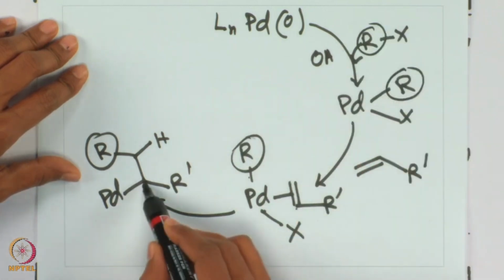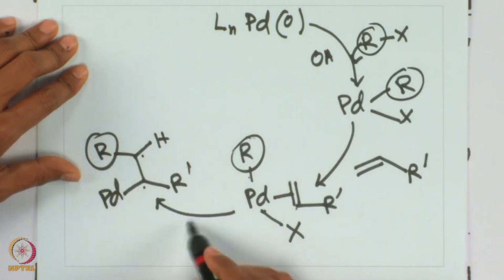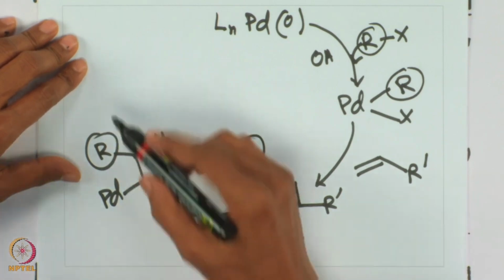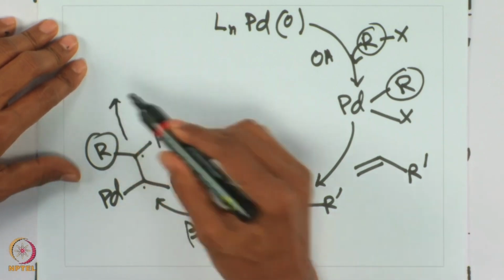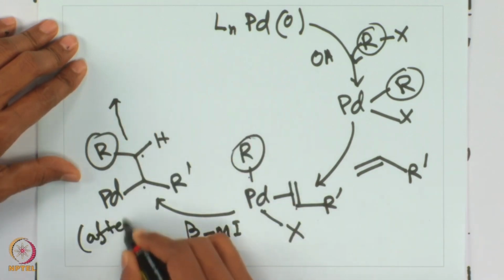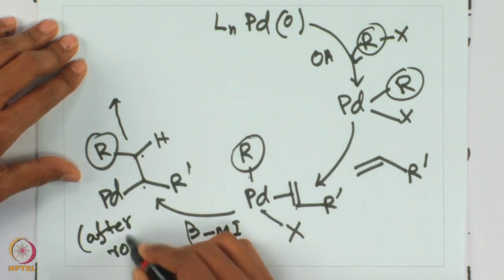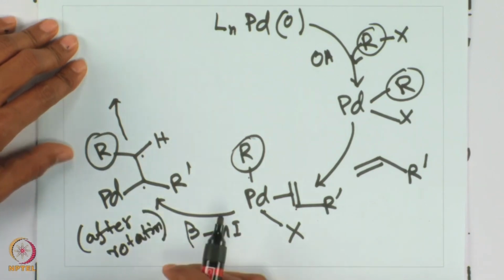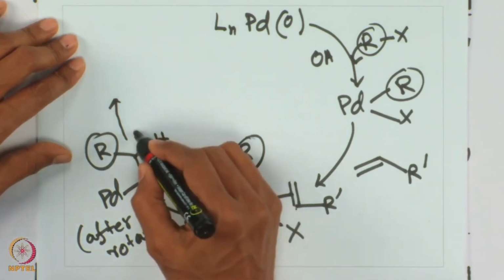Now it gets inserted at the alpha-beta position. So, this is the beta migratory insertion step. From there, of course, after the desired rotation, you get to the right orientation.